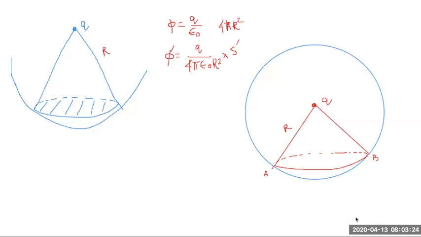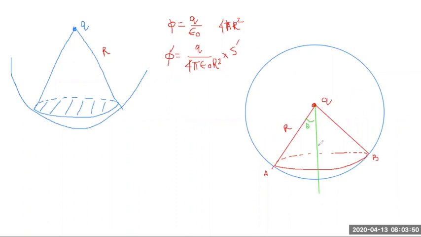Say this is the height of the cone, and say this angle is theta.